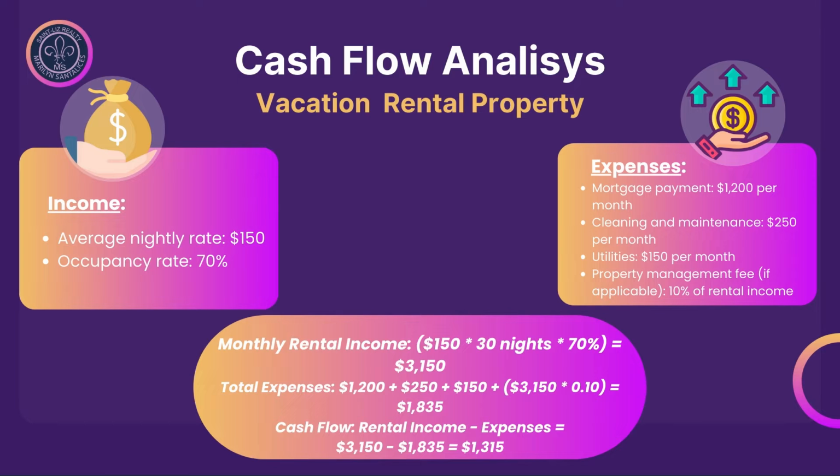Then the cash flow would be the income less expenses, which is $1,350 per month. In this example, the vacation rental property generates a positive cash flow of $1,350 per month. This demonstrates how well-managed short-term rentals in popular locations can generate substantial income even after accounting for expenses.